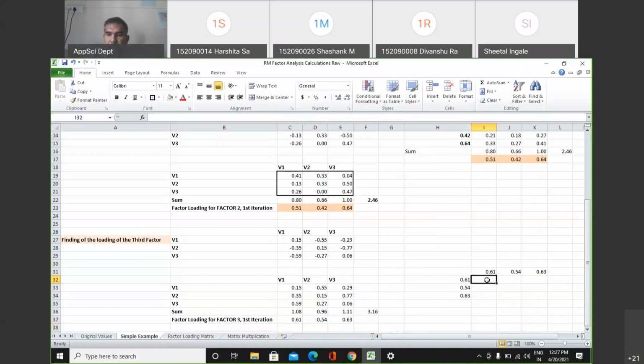Here this multiplied by this and fix, and this multiplied by this and fix column J. I hope it is clear. The process is clear by now, even though it is a very small example.